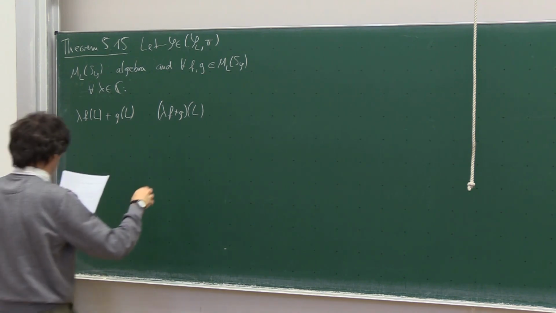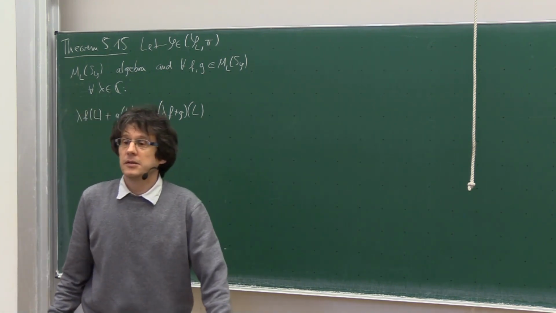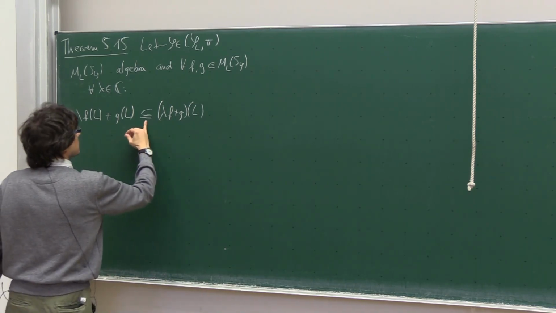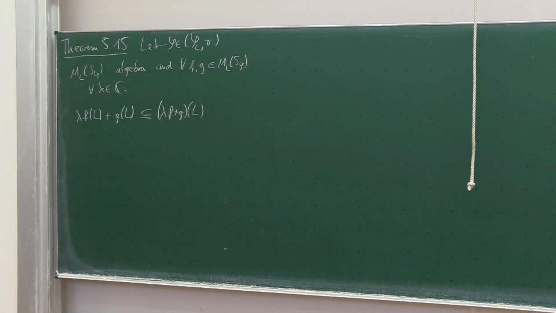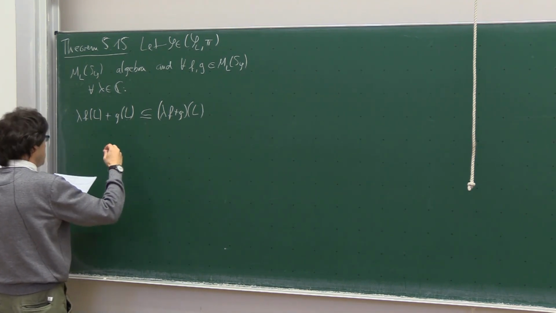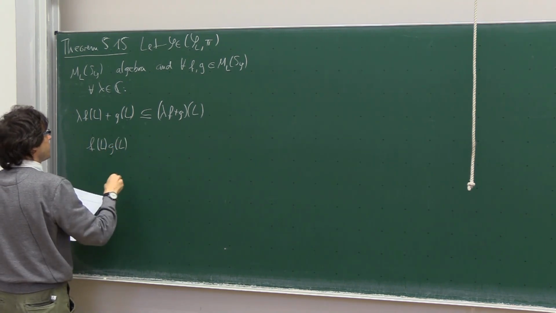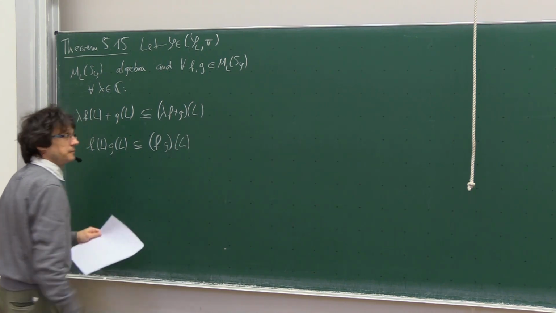Here you do not have equality all the time, but you have an inclusion. So lambda f of L plus g of L is a restriction of the operator (lambda f plus g) of L. And you have an analogous formula for the multiplication: f of L times g of L is contained in (f g) of L.